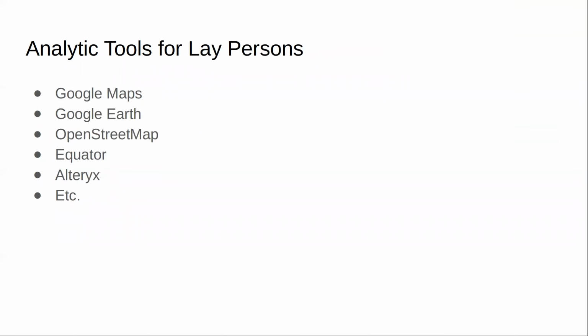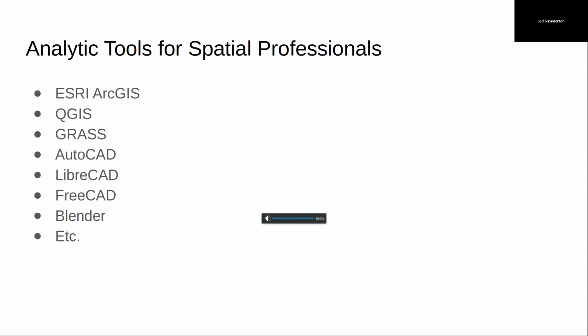Kevin, I have a question, if I may. Sure. This is Jed Somerton, and I've seen a lot of references to GRASS as a GRASS data set. Is there anything particularly special about GRASS, or is it just another software package with proprietary data? Well, it is a software package. I haven't used GRASS myself directly. It is open source.